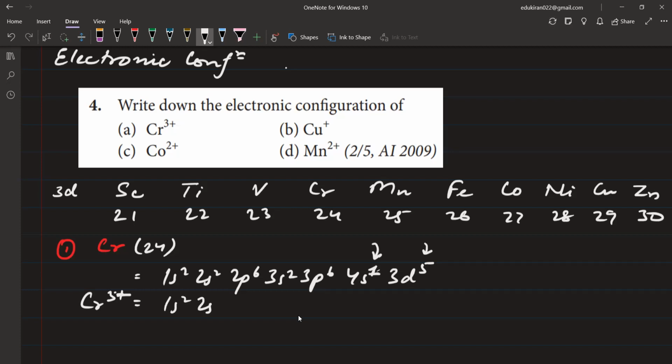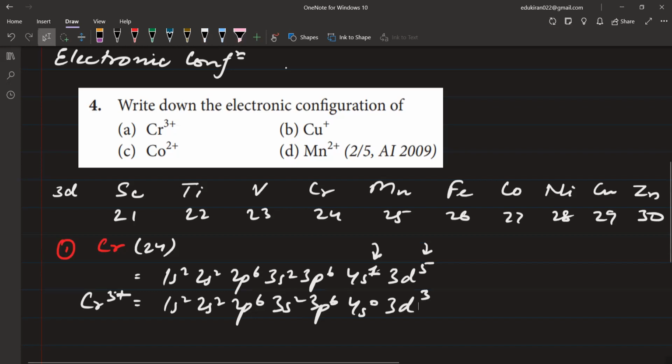You'll get 1s2, 2s2, 2p6, 3s2, 3p6, 4s0, and 3d3, since you are removing 2 electrons from the 3d subshell. Cr3+. The first electron will be removed from the 4s.